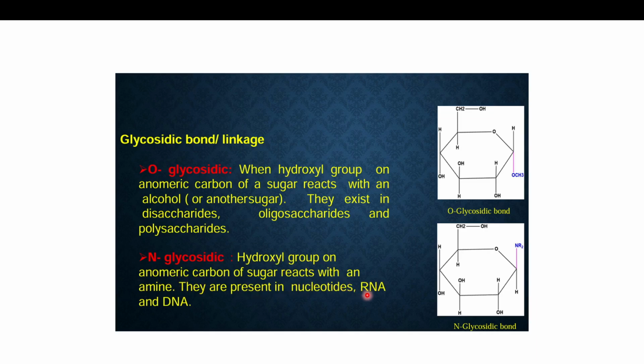They are present in nucleotides, RNA, and DNA. Okay. So we saw in nucleic acid structure that the pentose sugar is attached to the base. So in that case, it is N-glycosidic bond. Whereas in case of monosaccharides or disaccharides, polysaccharides, then you have O-glycosidic linkages. Okay.